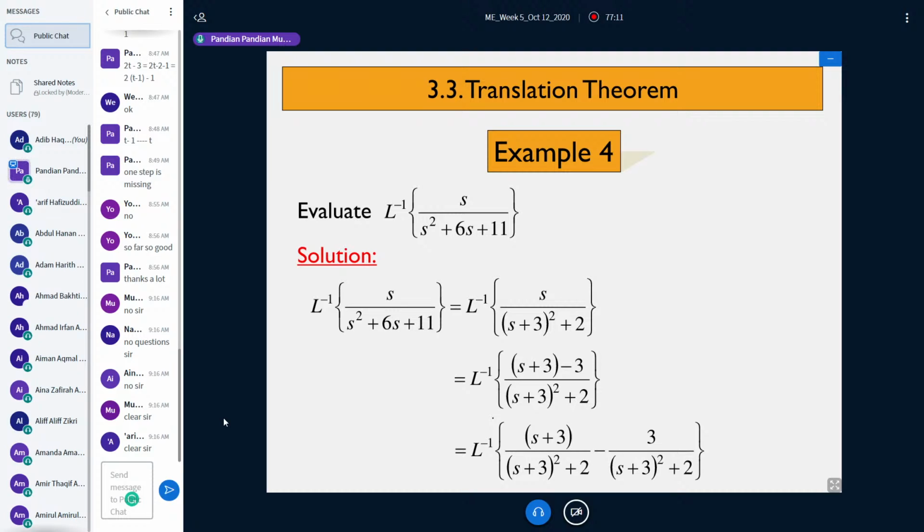He asked me a question about the unit step function. Okay, so okay, thanks.